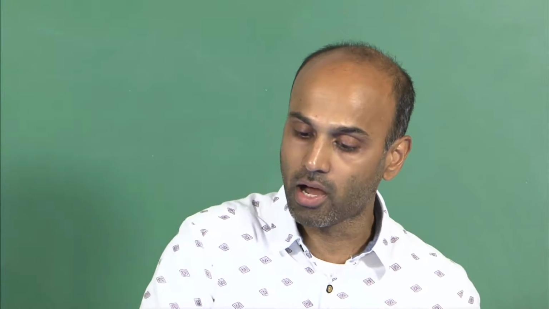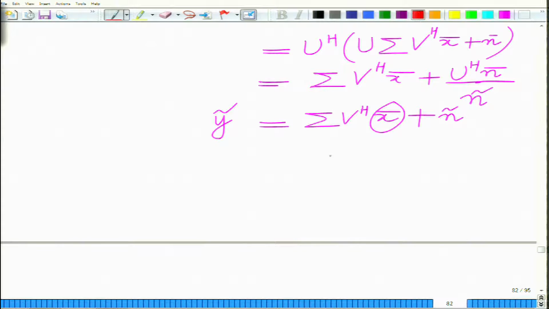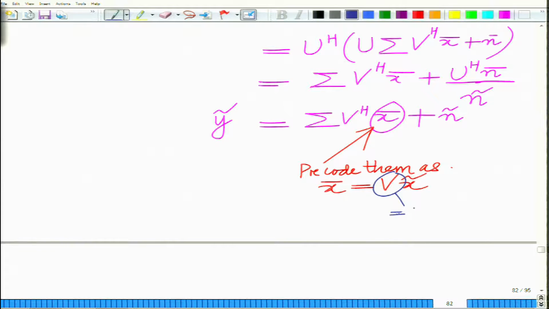Alright. So, x bar, you precode them: x bar equals V times x tilde. This is a precoding operation. This V equals the precoding matrix.